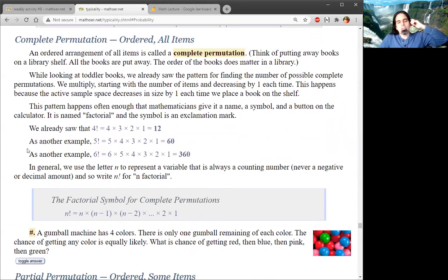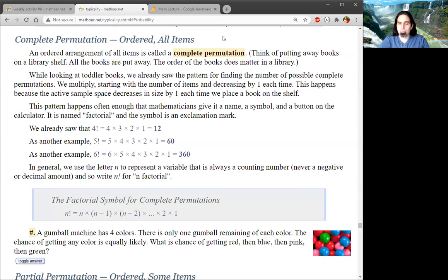So we had an arrangement, meaning we don't get to put things back. And if it is ordered and uses all our items, we call it a complete permutation, like putting away books in the library shelf. All the books get put away, and in a library, the order does matter.